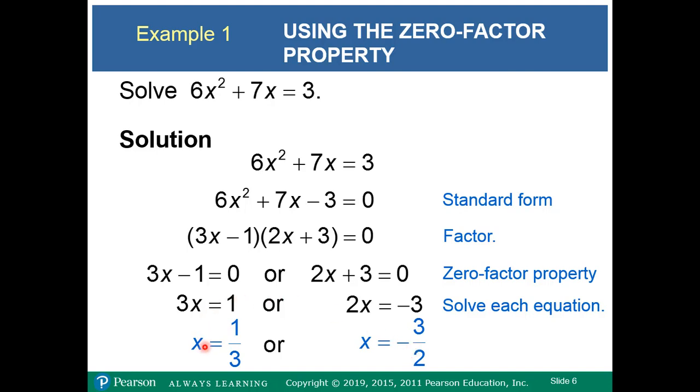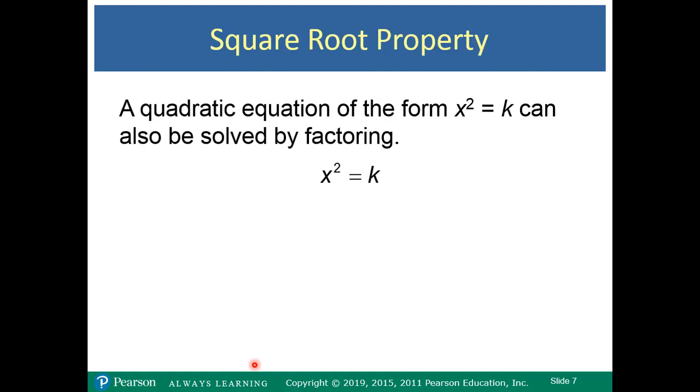And now we need to make sure that both of these are solutions by checking. It's always a good habit to check that they're solutions, because in some cases, like in application type cases, maybe one of them doesn't work.